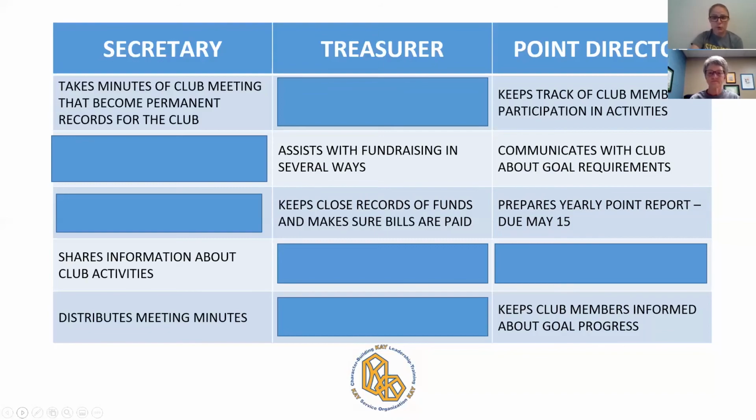And in this report, you are going to list every activity that your club did, the percentage of participation that your club had in this activity, and then the number of points that will be awarded for that participation. And we'll go into that in more detail here in just a little bit. But this report is due May 15th to the Keisha office. And it is really important to keep close track of all of that participation so that when you get to this yearly point report, you can breeze right through it.